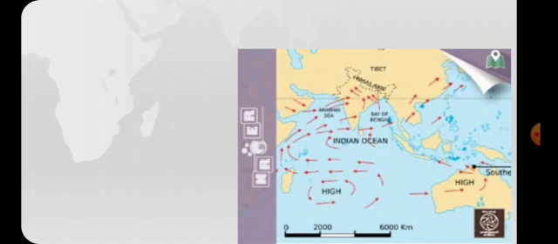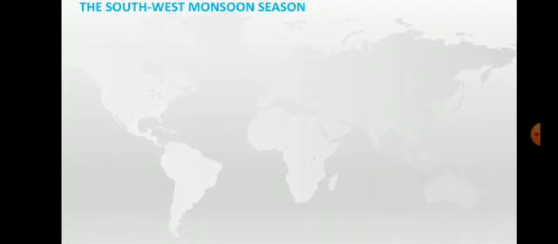You can see the southeast trade winds reach the west coast, and it is called the southwest monsoon. So it will receive heavy rainfall in this region.